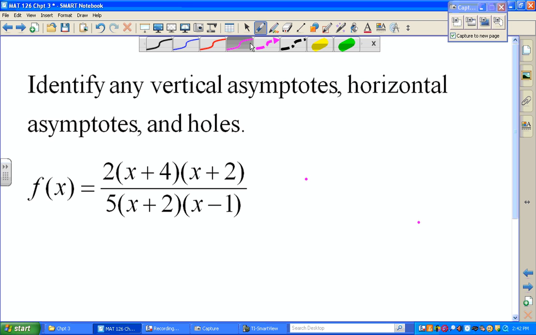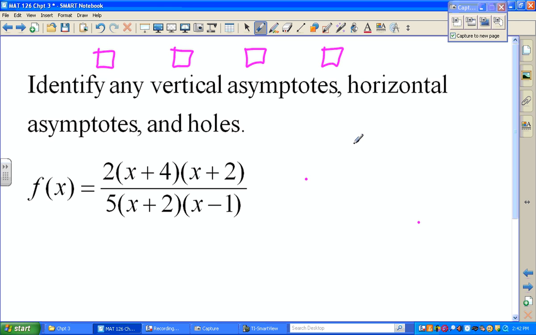And also, remember, your checklist is only 4 squares long. It's not that bad. It doubles for some of you next year. Vertical, horizontal, and holes. Okay?